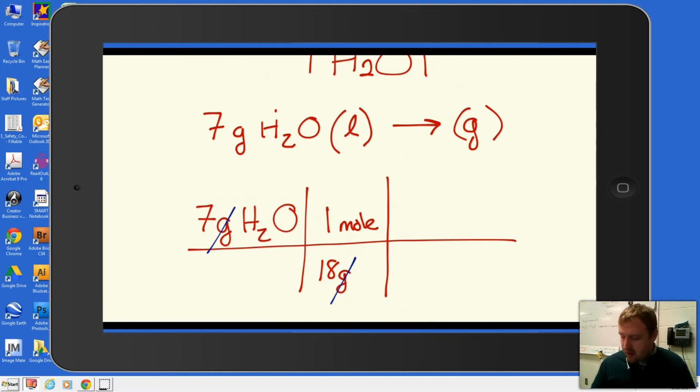But ultimately, the question I have to ask myself is, how much energy does it take to convert this 7 grams of water from liquid to gas? So now I have to ask myself, which one of my heats deals with going from a liquid to a gas?